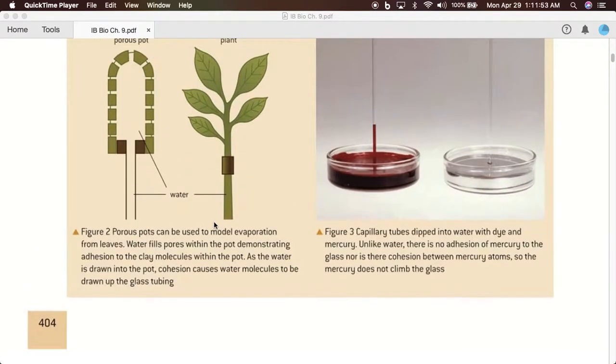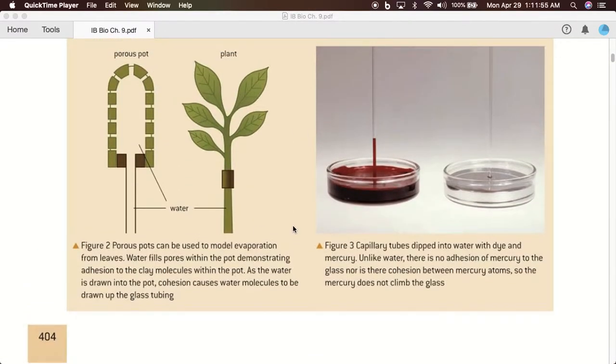The other thing this picture is showing right here is capillary action, which you guys I'm sure are familiar with. Capillary action occurs because water is a polar molecule and water is cohesive, which means that water molecules are attracted to water molecules through hydrogen bonding. And water is also adhesive, which means water molecules are attracted to non-water things like the inside of this glass because the inside of the glass is partially charged.